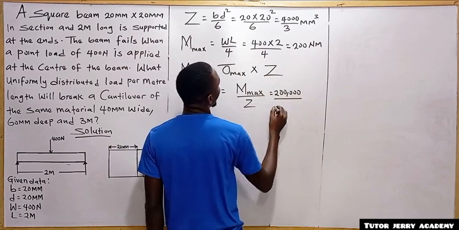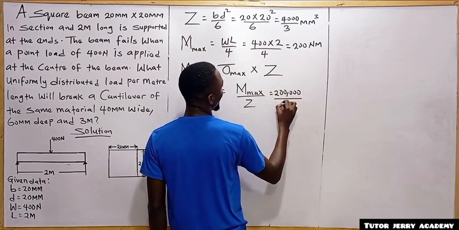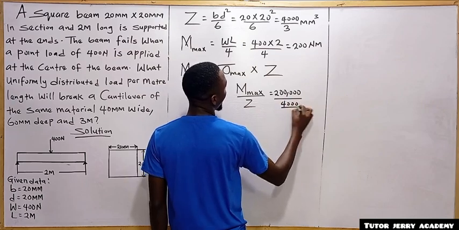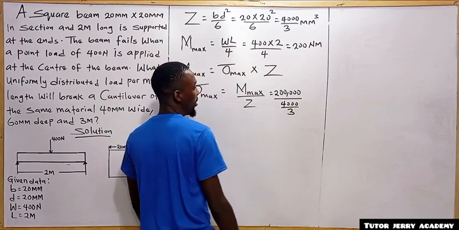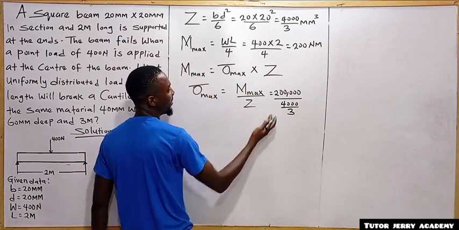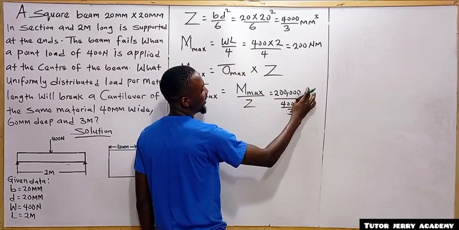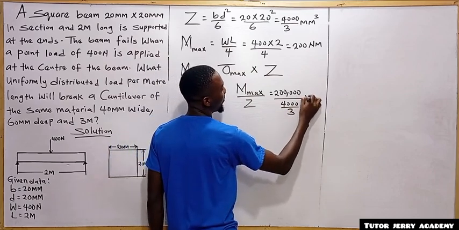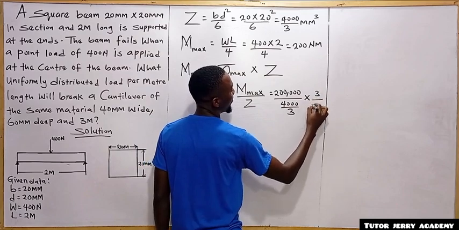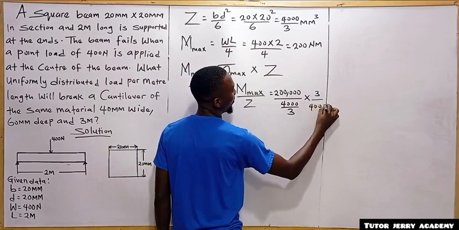Our Z is 4,000 divided by 3. If we rearrange this, it's 200,000 multiplied by 3, then divided by 4,000.